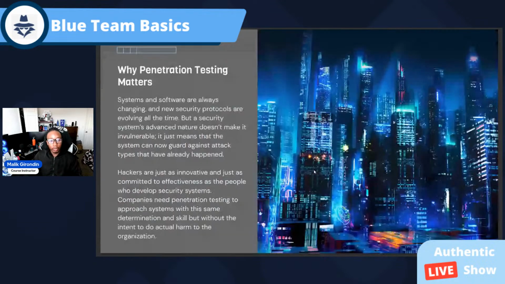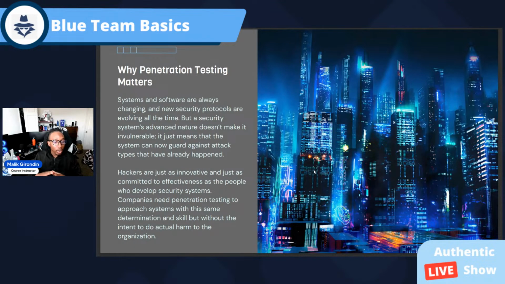All right, let's read on. Why does penetration testing matter? People might hate it. No, it doesn't matter. It's not important. Hacking's bad. My mom and dad said hacking's bad. Calm down. Why penetration testing matters, we're going to get to it. Systems and software are always changing, and new security protocols are evolving all the time. But a security system's advanced nature doesn't make it invulnerable.